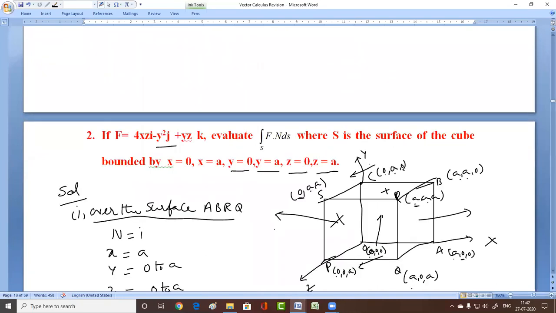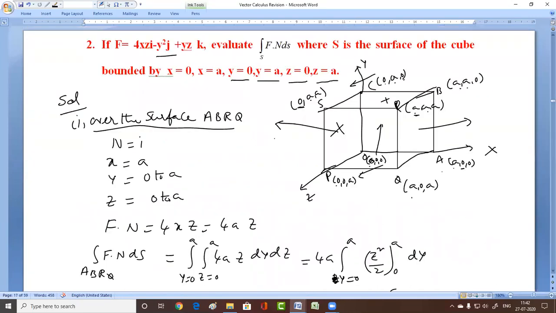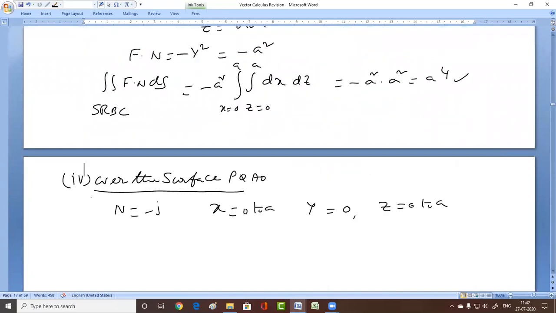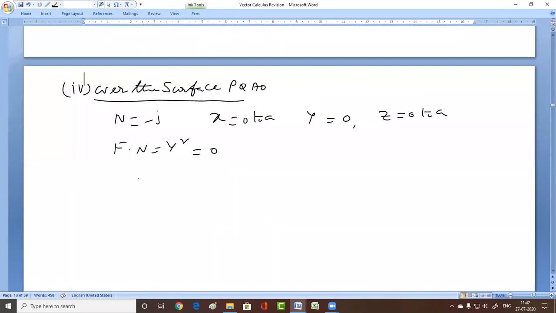So for the bottom, x is 0 to a, y is 0, z varies from 0 to a only. Now f dot n equals plus y square. Already y is 0, so the integral of f dot n ds is also 0. You may write a single integral or a double integral, no problem. Over PQAO it equals 0.